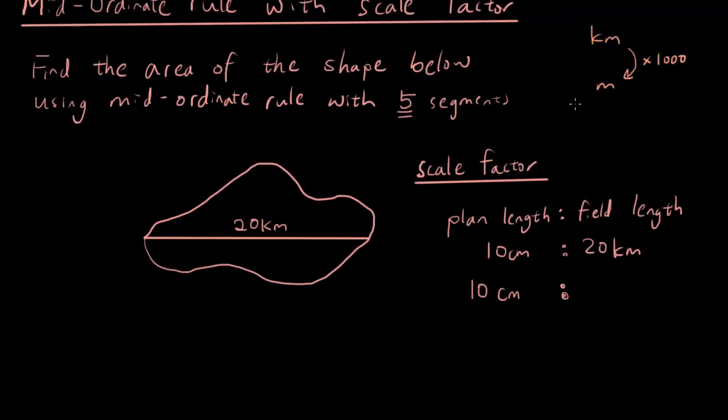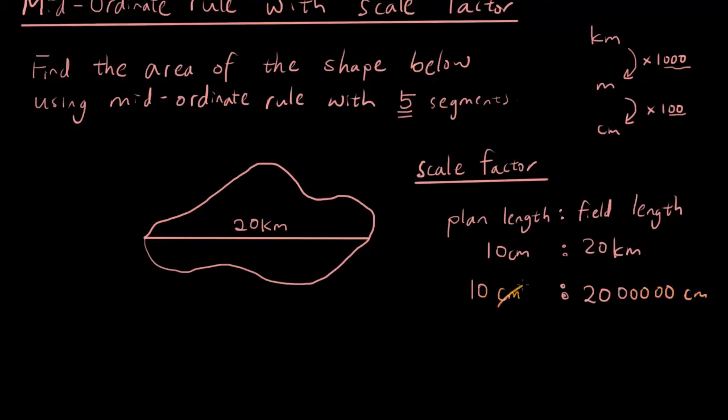Because 1 kilometer is 1,000 meters. From meters to centimeters, you would times by another 100. So it's 100,000. So you're going to write down the number, plus you're going to insert 5 more zeros, 1, 2, 3, 4, 5 centimeters.